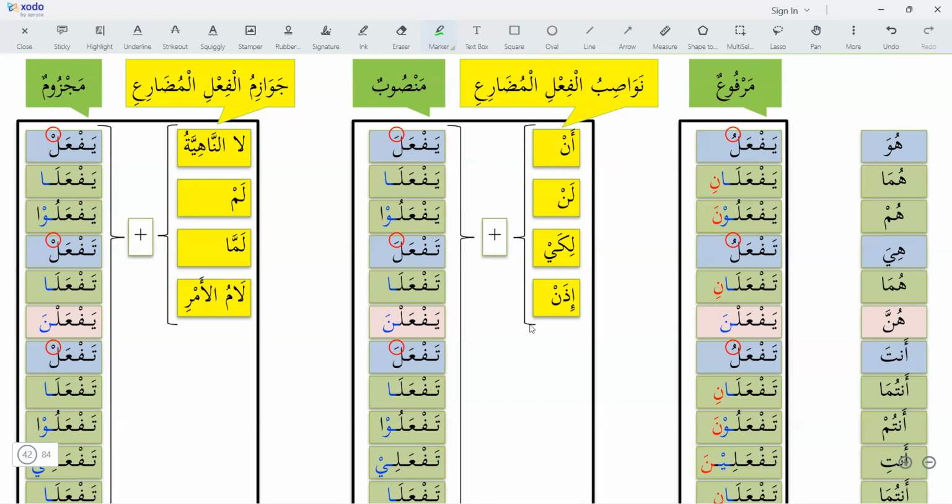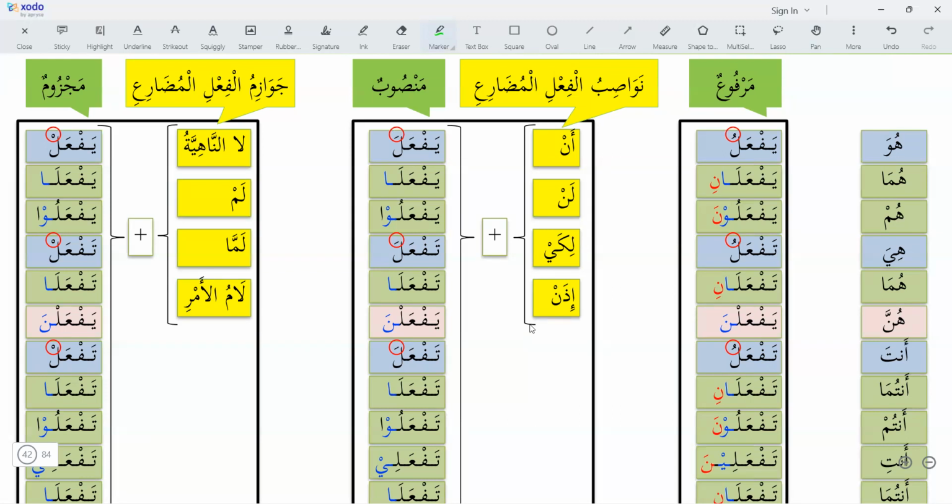They are particles, they are harf. They are not verbs, but they act like a verb. That's why we call them mushabba bil fail. But lan, likai, izan don't work as a verb. Those act upon the ism, the noun, and these act upon the verb.